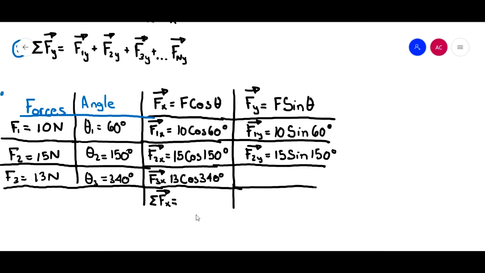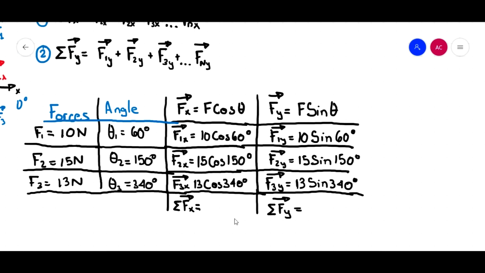And then F3y, that is the magnitude 13 times the sine of 340 degrees. Okay. And finally, I'm going to find the sum of the vertical components, the sum. Okay, so this is the chart.